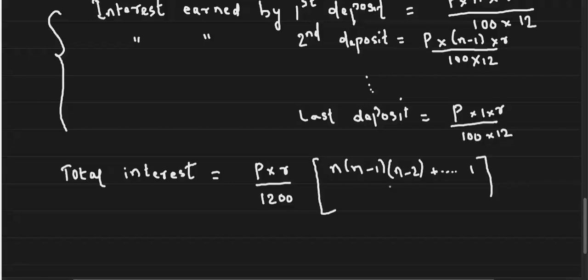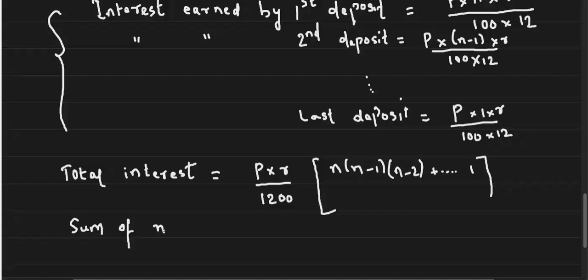There is one important thing here, that is the sum of the first n natural numbers. You might have heard this term in arithmetic progressions. If not, this chapter may come next.